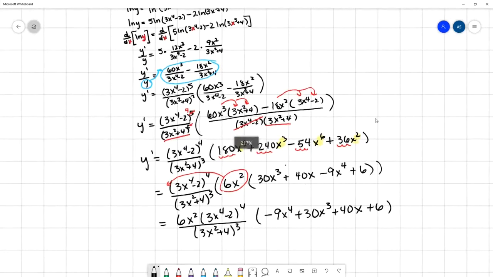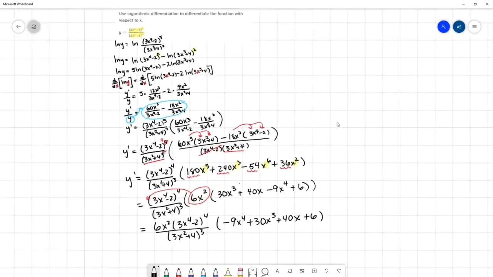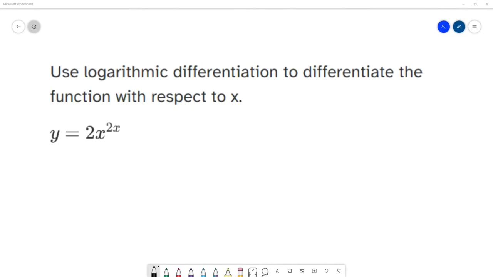Okay, I'm going to zoom out so we can see the whole thing. On this example, we want to use logarithmic differentiation to differentiate the function with respect to x.